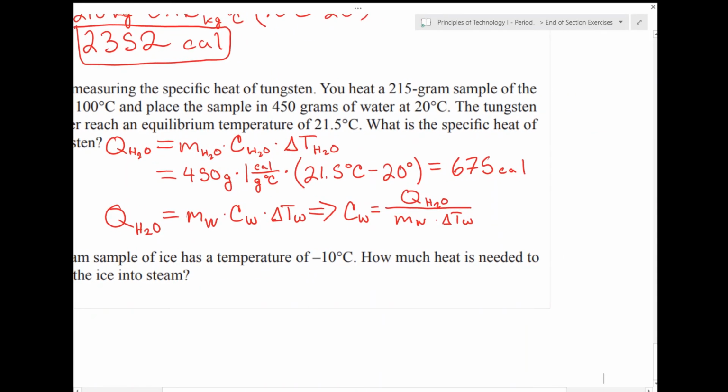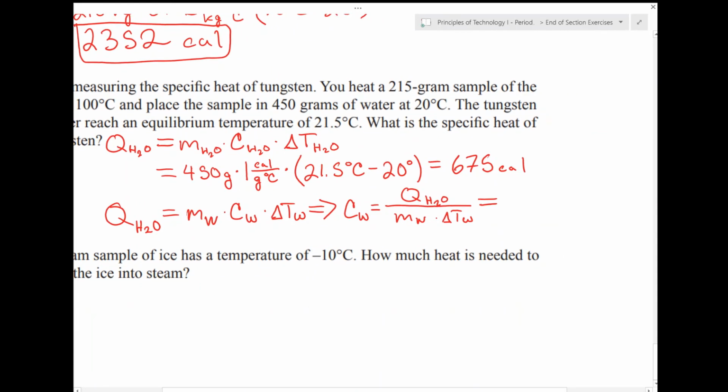Substituting our values in, the heat that the tungsten lost is equal to 675 calories divided by the mass of the tungsten, which is 215 grams, times the change in temperature of the tungsten, which is its final temperature of 21.5 degrees Celsius minus its initial temperature of 100 degrees Celsius.